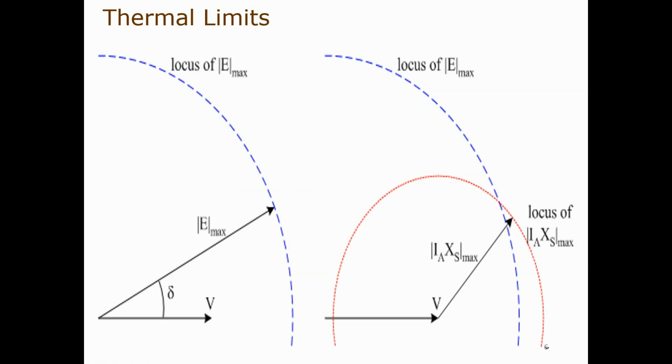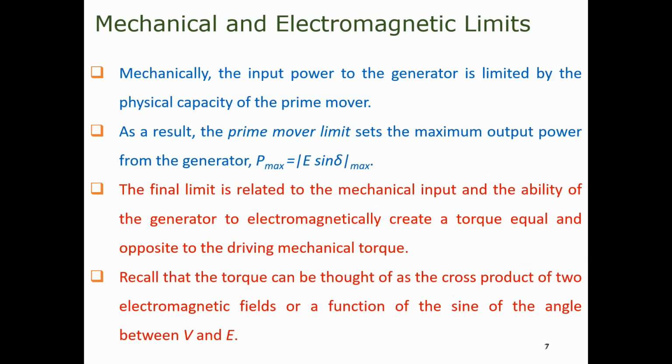The first locus of E maximum, denoted by blue dashed line, is the locus of the rotor heating limit. Similarly, the locus of Ia maximum, denoted by red circle, is the stator heating limit.